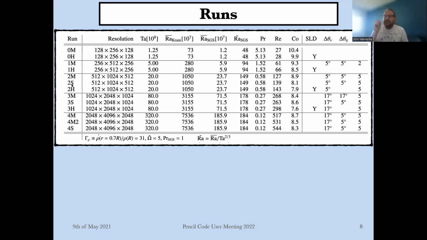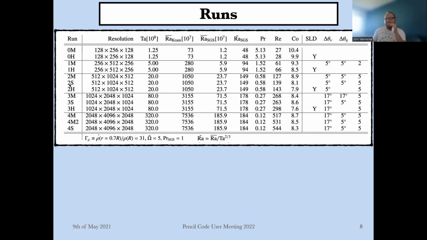For every case, we want to know if there is really a small-scale dynamo or not. In the Pencil Code you can, at every time step, suppress or remove the mean field, the m equals 0 mode, which means that no mean-field dynamo can exist. If you then see that the magnetic fields still saturate at some level and don't decay, we know there's a small-scale dynamo.